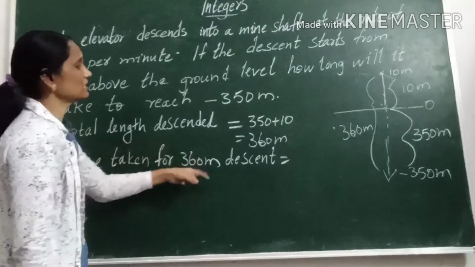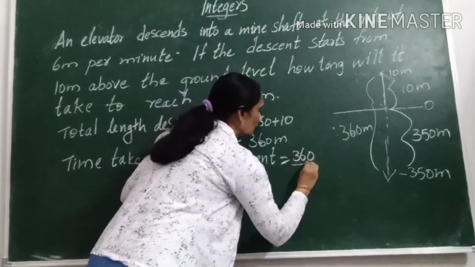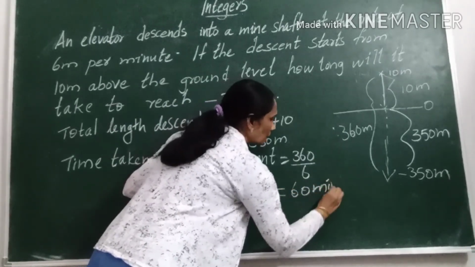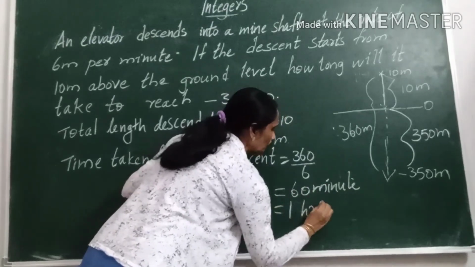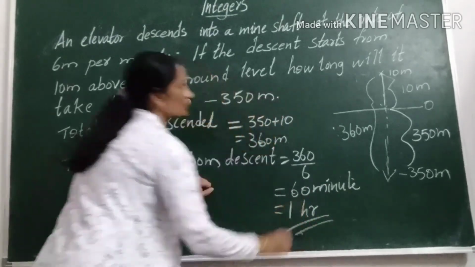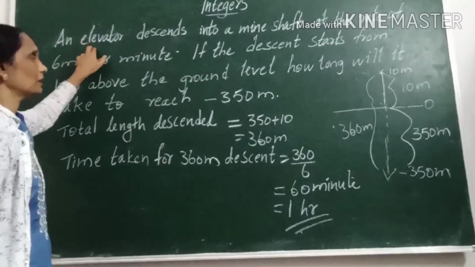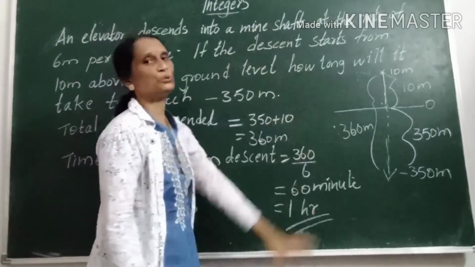So 360 meter descent, how much time? 360 by 6, that is equal to 60 minutes. Okay, 60 minutes is equal to 1 hour. Okay, got it? So 1 hour is taken by the elevator to descend 360 meter into the mine shaft.